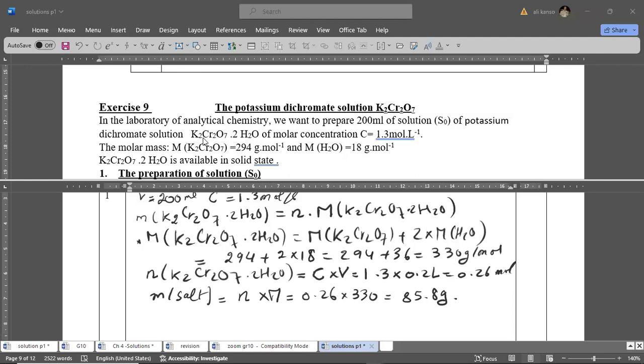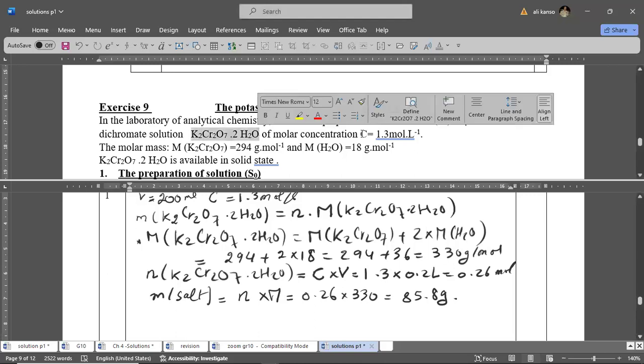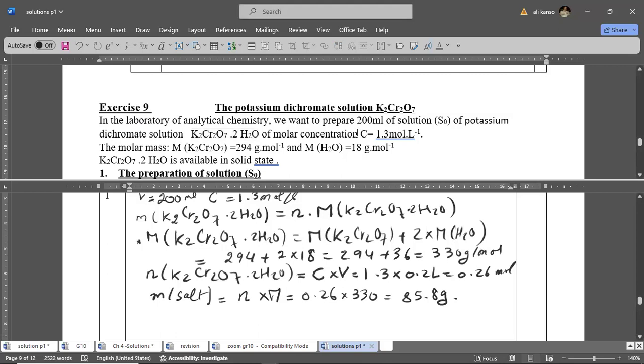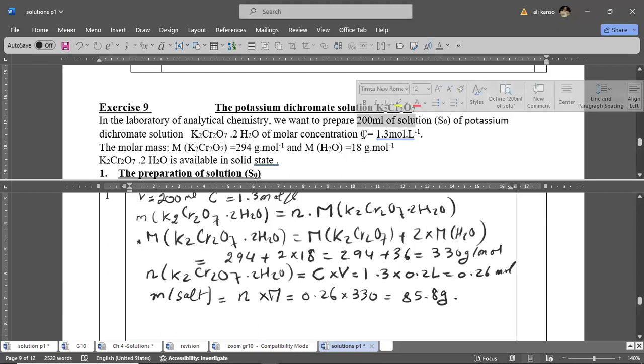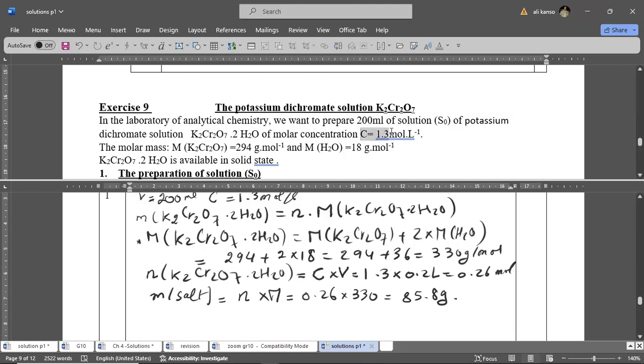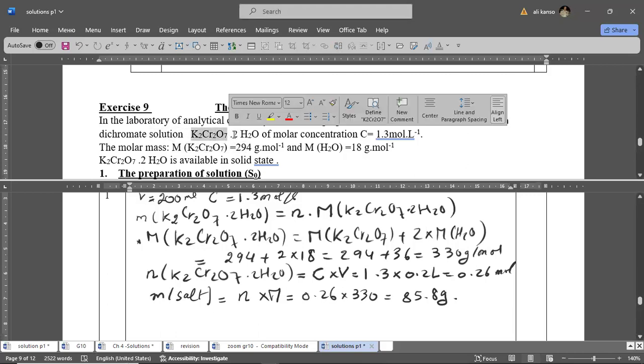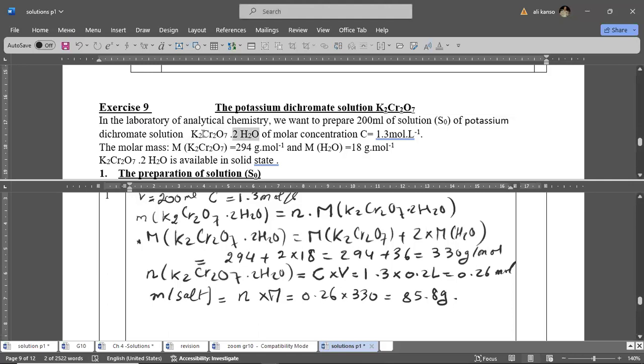We have a compound, this salt, potassium dichromate. We have to prepare 200 milliliters of a concentrated solution of concentration C0 = 1.3. The compound is formed of two parts, the first part and the second part, water. We call it a hydrated salt.